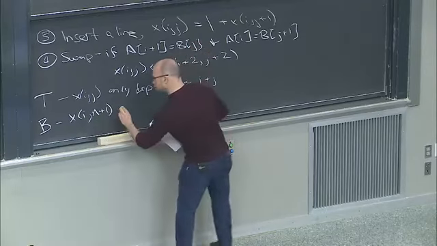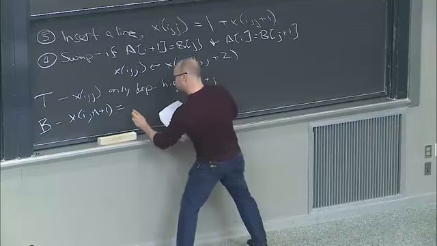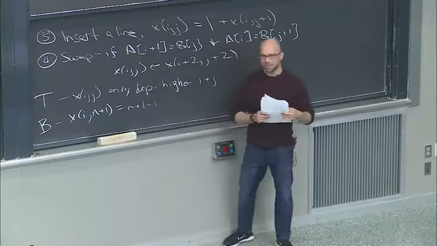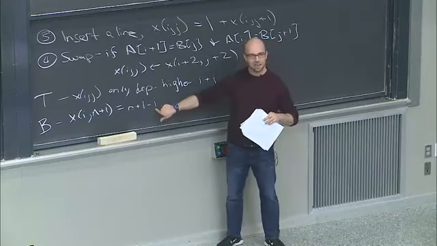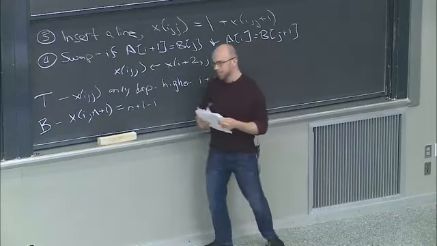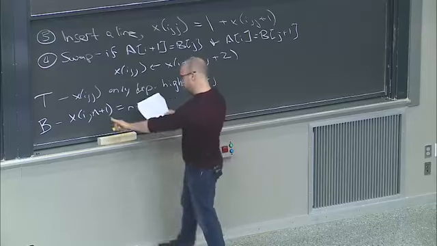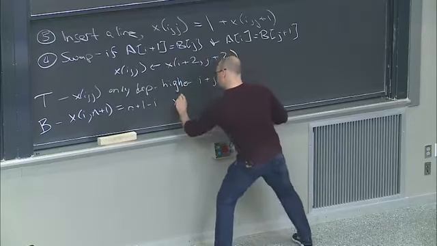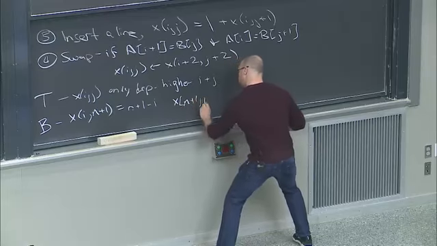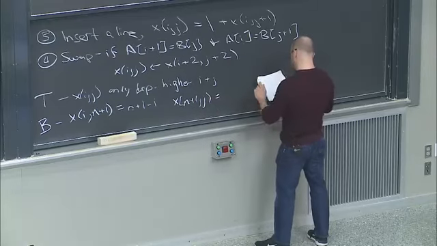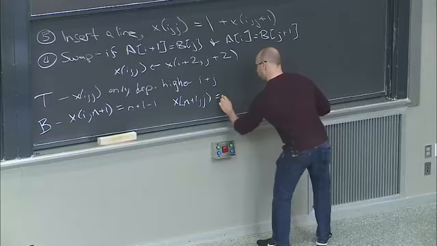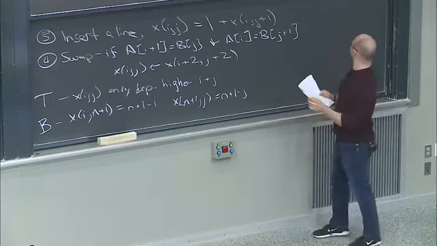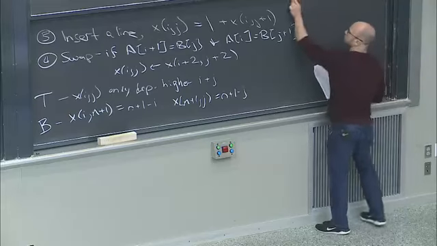The remaining number of lines is n plus 1 minus i, which is different from the problem, where it's just i, because they're working in the other direction in the solution. Similarly, you need a second case, so x of n plus 1, j is n plus 1 minus j. Cool. Okay, we're going to continue with sortbot here.